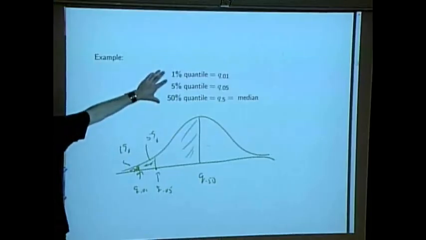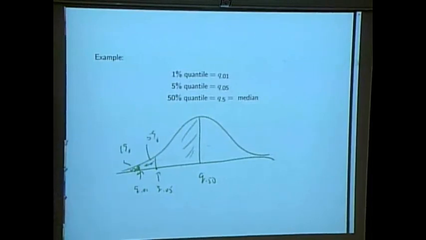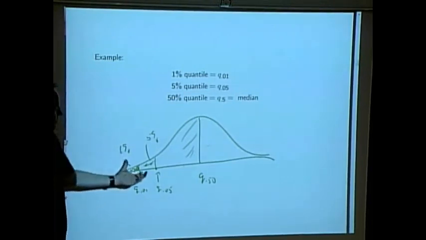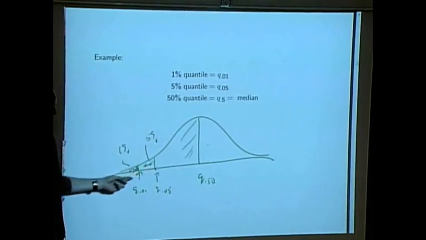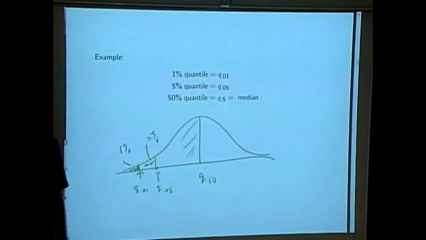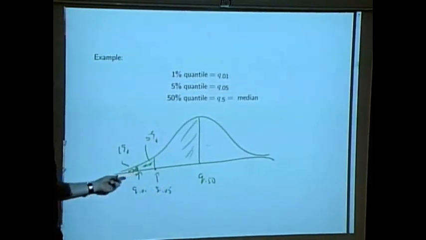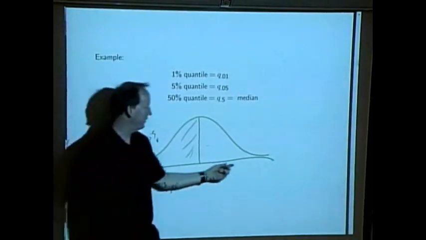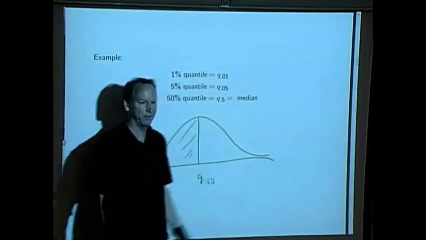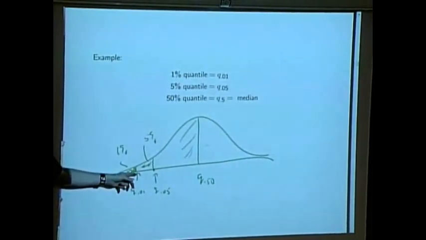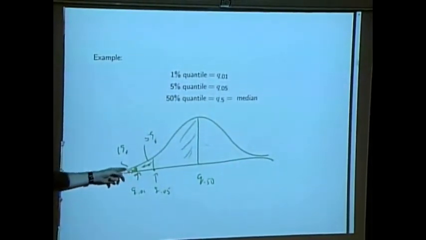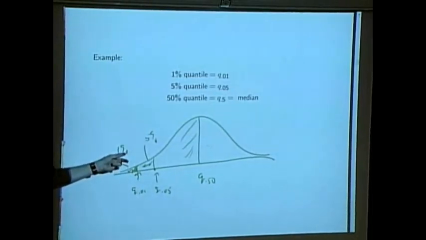Now we're going to find in finance that quantiles are particularly interesting things because they tell us about the probability of loss. So if we think of the random variable associated with this probability curve as a rate of return, then values over here would be negative rates of return, and values over here would be positive rates of return. So this lower quantile represents a small negative number that happens with a particular probability.